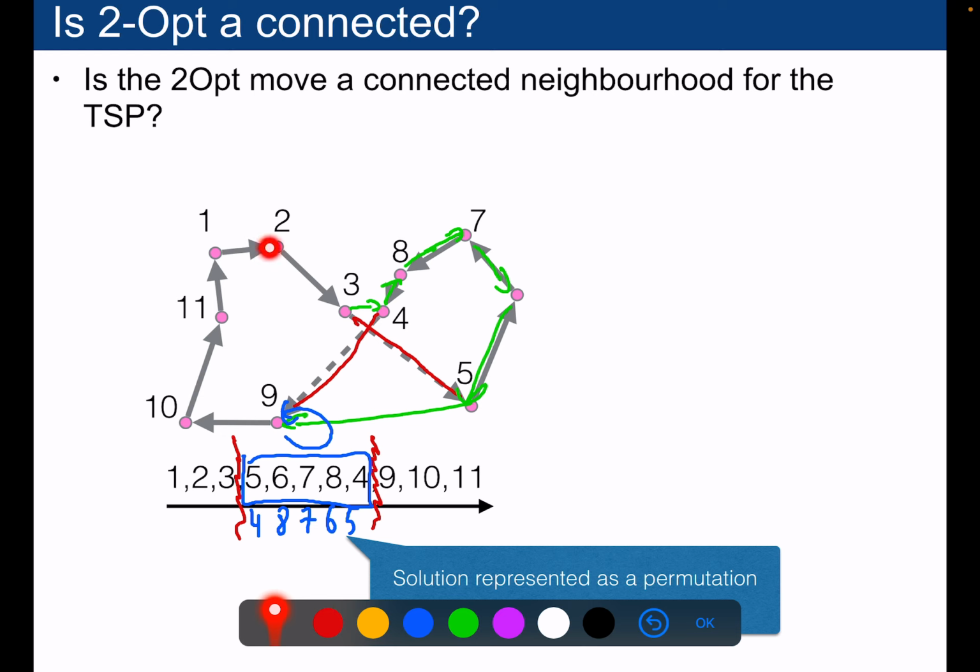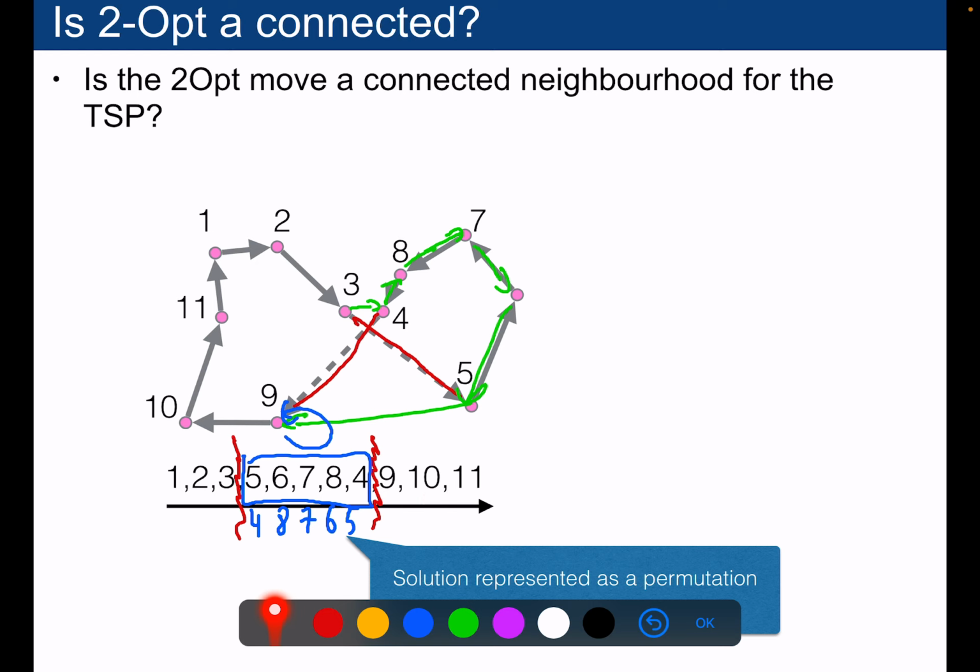So 1, 2, 3, and then 4, 8, 7, 6, 5, and then 9, and then you continue as it was before. So 9, 10, 11, 1, right? We didn't touch that part of the tour.